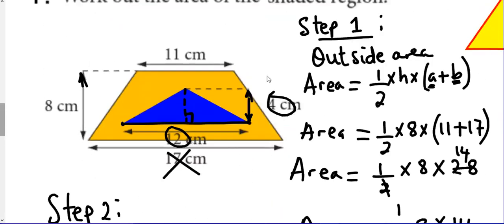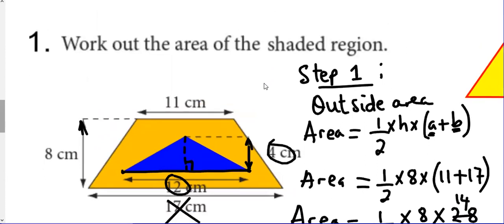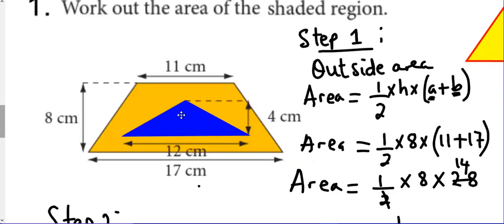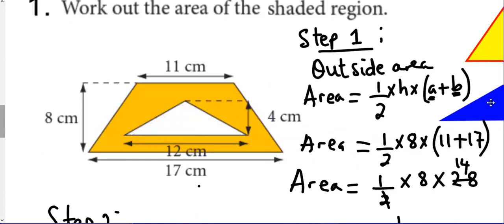Now, remember the question. The question is to work out the area of the shaded region. Let me take this out, because I was using all that for demonstration purpose. Let me remove this so that you can see clearly the area which is shaded.